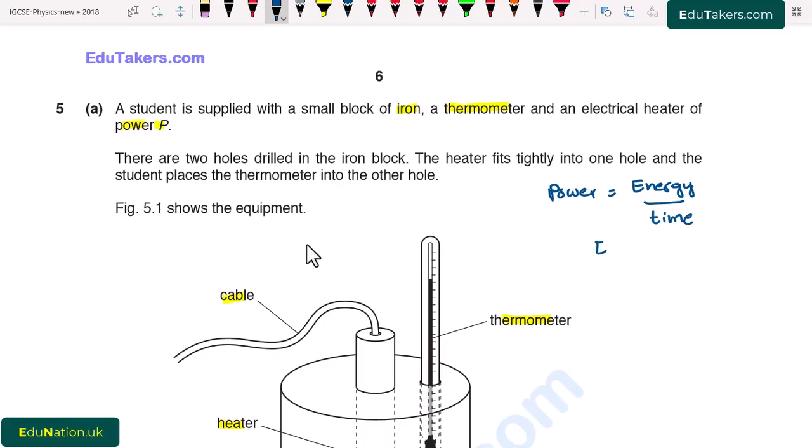So energy will be equal to P cross T, means that power and time. So in order to calculate time, we need timer or stopwatch. And for the measurement, we also need balance and power supply.